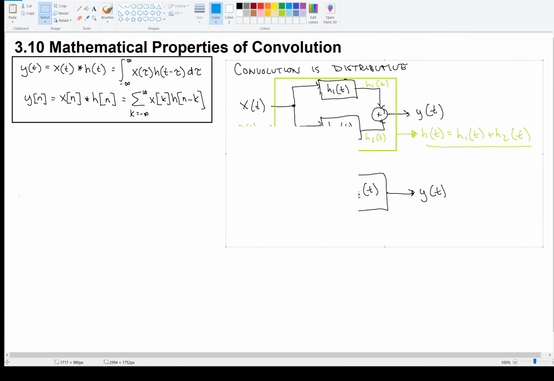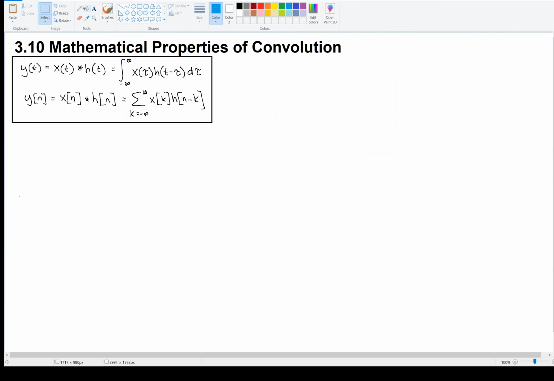And the last property, what do you think? Convolution is associative. Okay, let's remember association. I'll write it out in continuous time, but it also applies to discrete time.